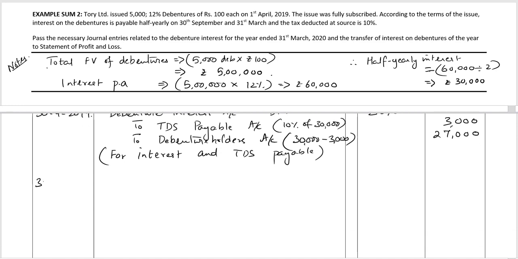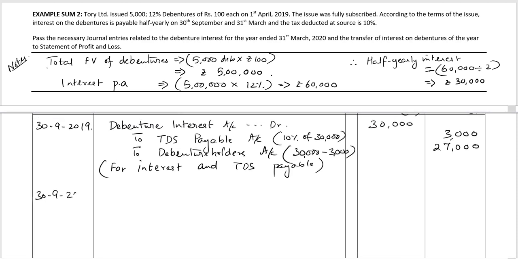The next entry on the same day, 30/9/2019, we can pass a separate entry for payment to debenture holders as debenture holders account to bank, and a separate one for TDS payable as TDS payable to bank. Or we can pass a combined journal entry, which is what I am going to do right now.